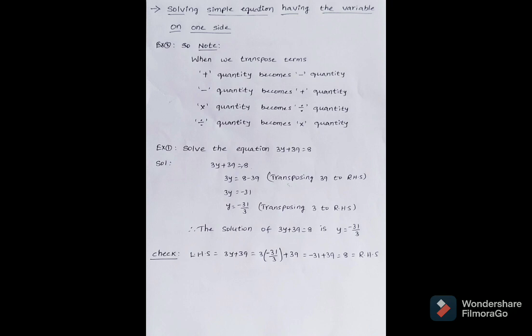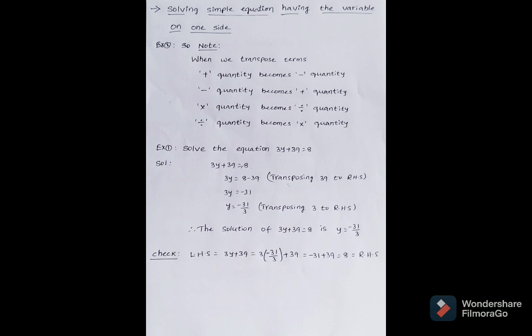Let us check whether it is right or wrong. LHS. What is in LHS? 3y plus 39. We substitute the y value in the expression 3y plus 39. So 3 into minus 31 by 3 plus 39.